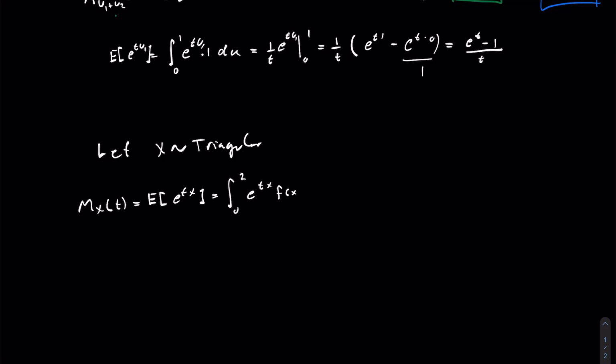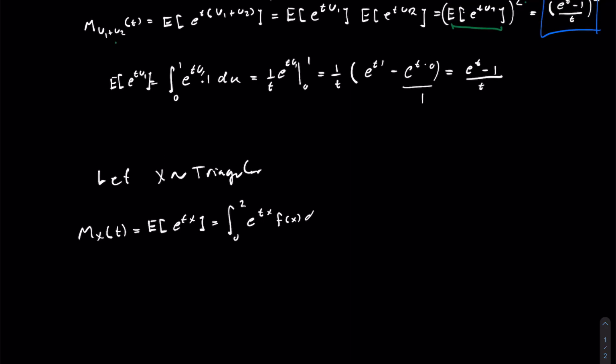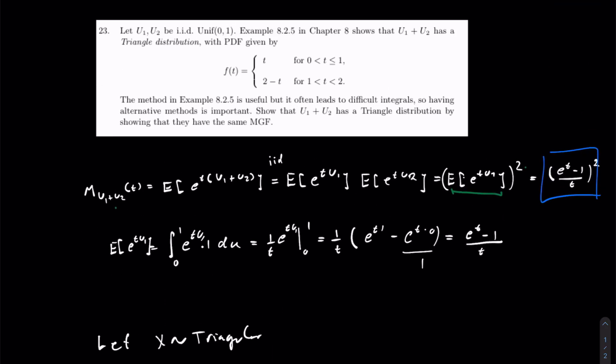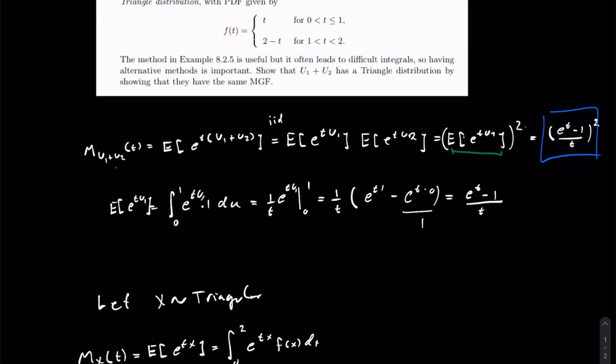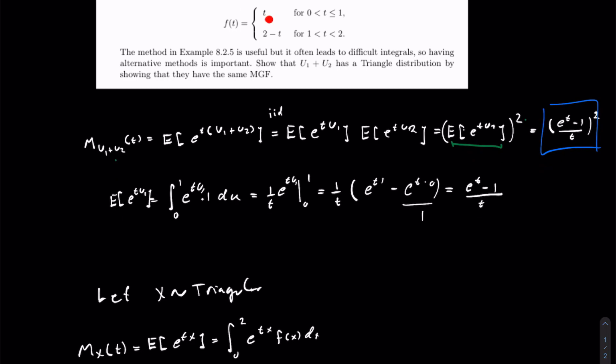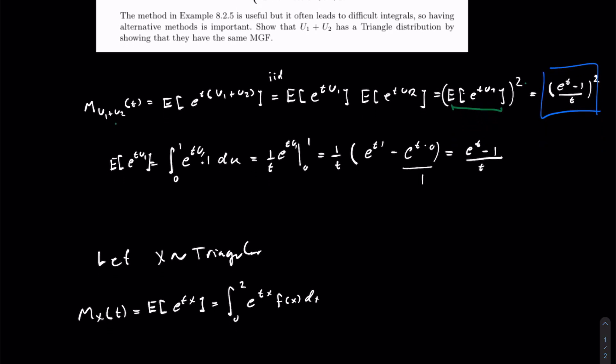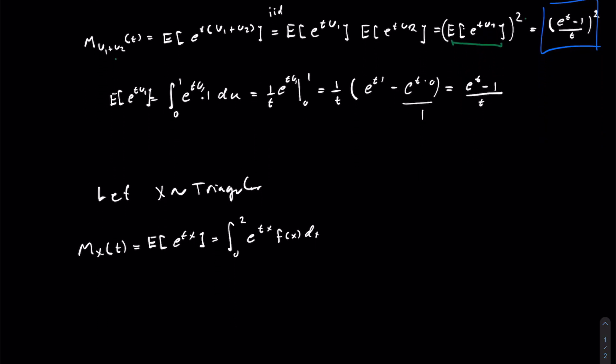So we're not using LOTUS, and its own distribution is defined here using the variable t, but we can just easily call it x, and it has different PDFs depending on where we are in the support. So let's write that out.